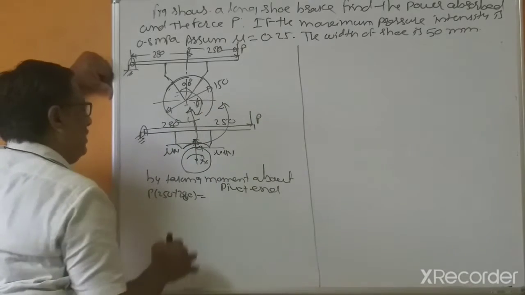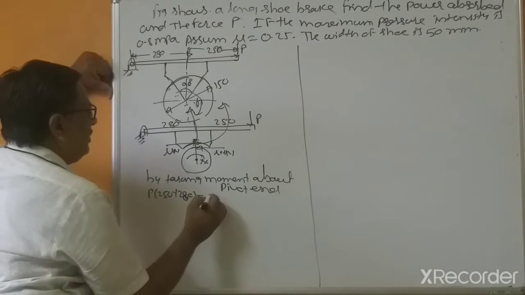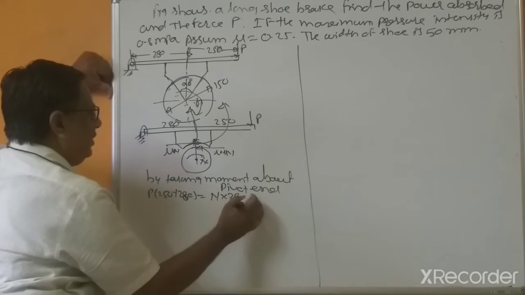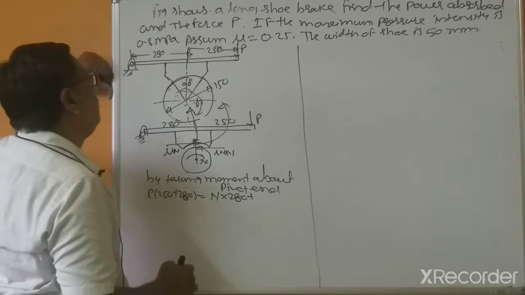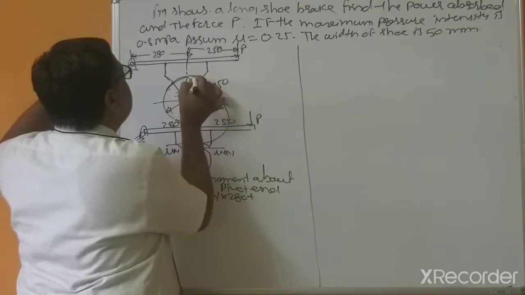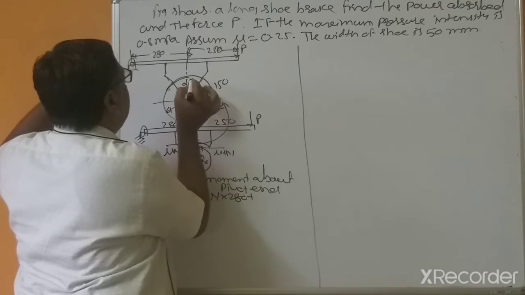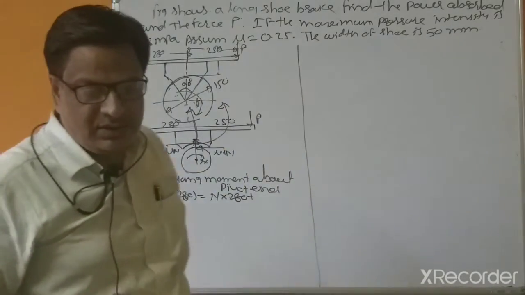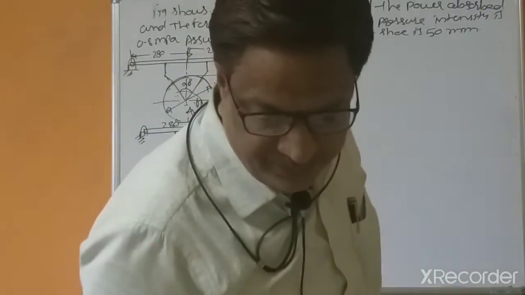Both moments are anticlockwise. So that is N into 280 plus mu N into, so this distance we also require.